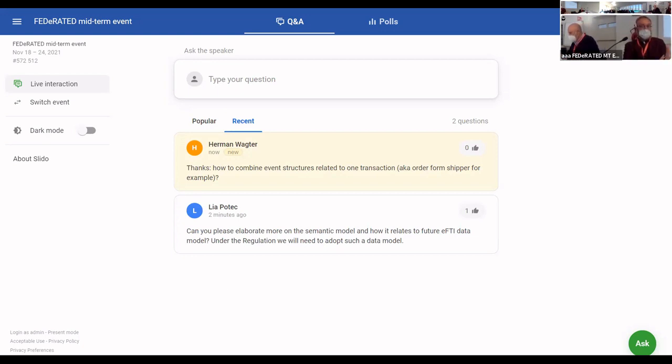And then what we could do is generate APIs with JSON or XML that support this EFTI data view if needed, or we could say it's all in triples. So it's semantic data. Whatever is required, we can provide.